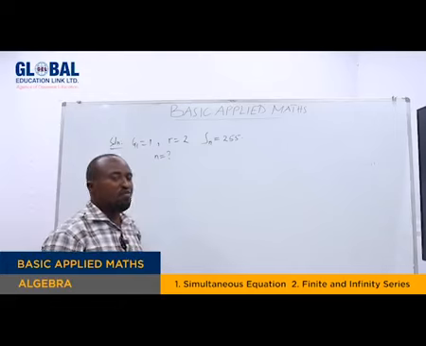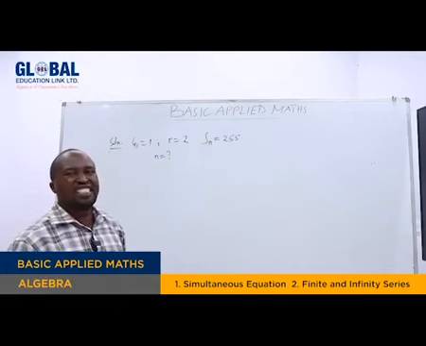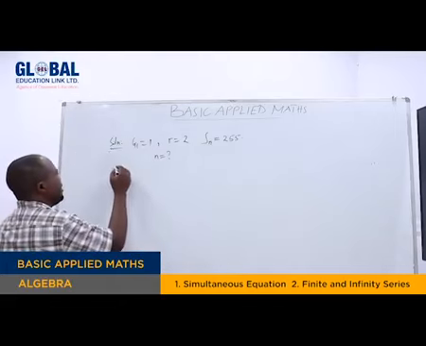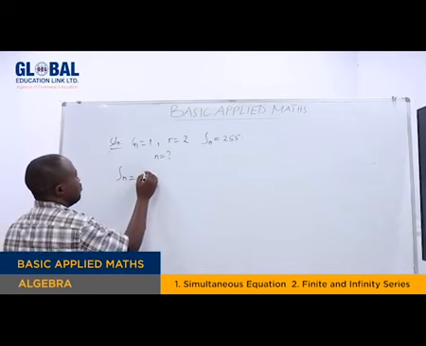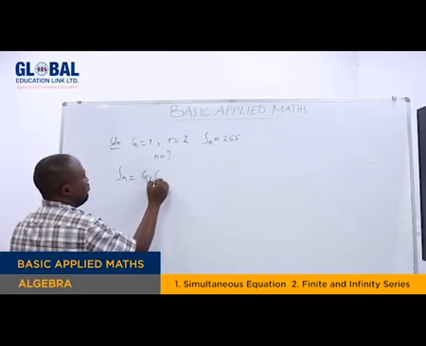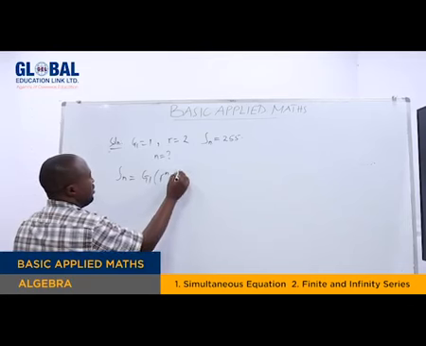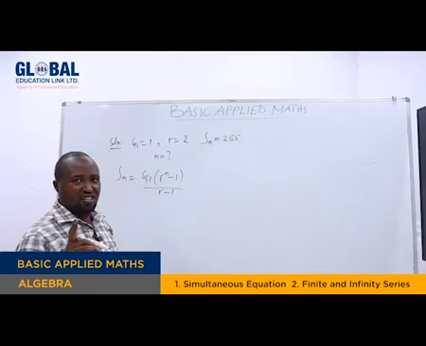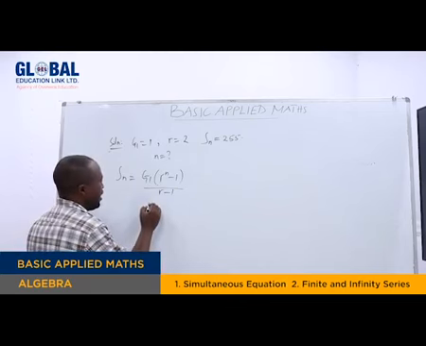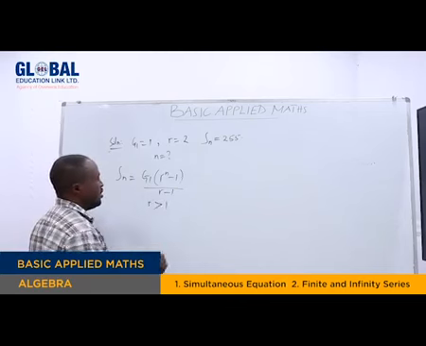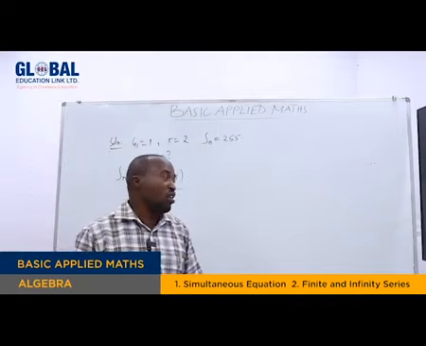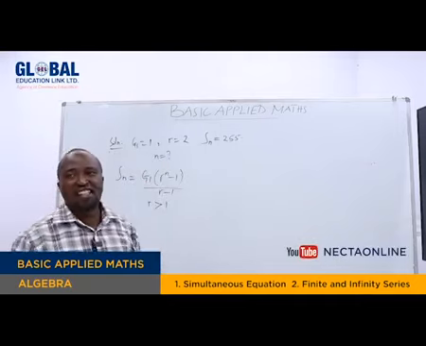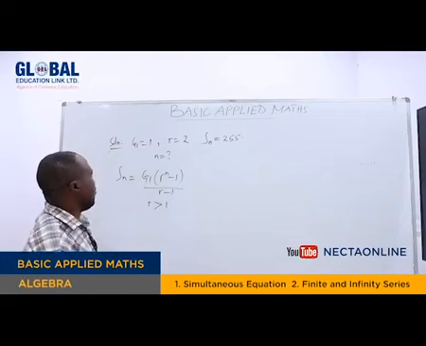Now remember the general formula for the sum of a geometric progression, which says SN is equal to G1 times bracket R to the N minus 1 over R minus 1. That is when R is greater than 1. And of course here R is greater than 1. Now let us substitute these values.